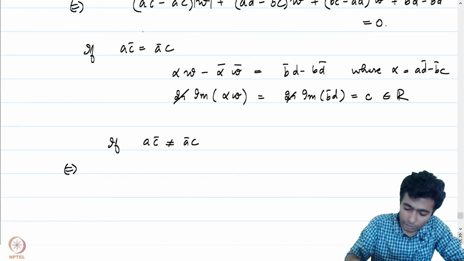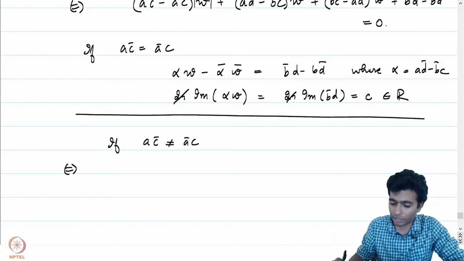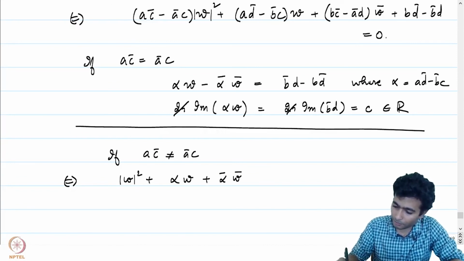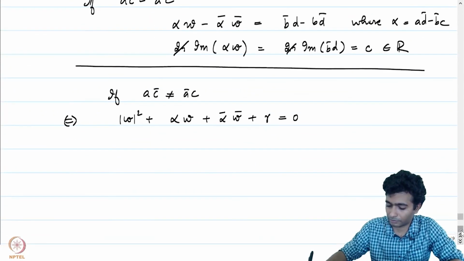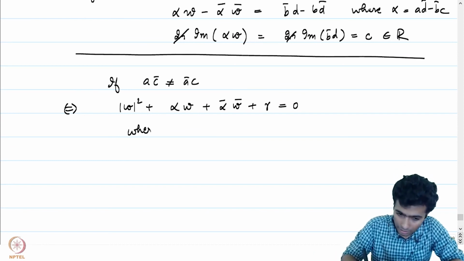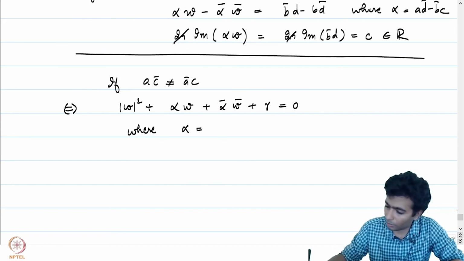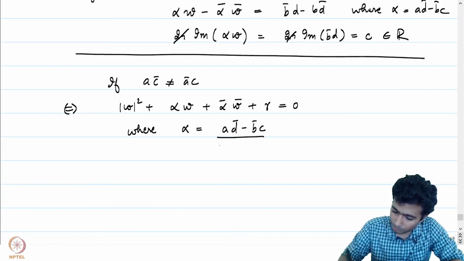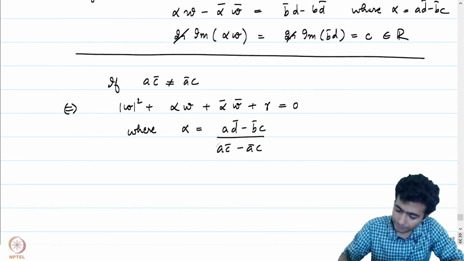So when AC̄ is equal to ĀC, we are already done; we are mapping it to a generalized line. Then |W|², I'll just quickly write it in this manner: alpha W plus alpha bar W bar plus gamma is equal to 0, where alpha is just equal to (AD̄ − B̄C)/(AC̄ − ĀC).